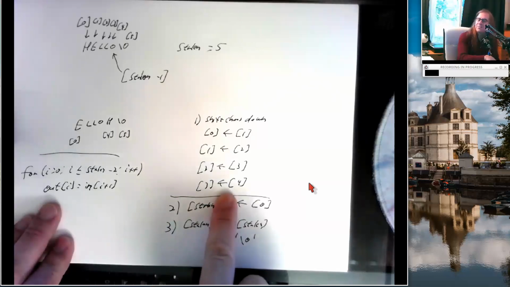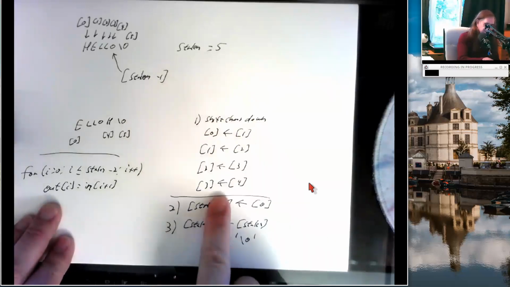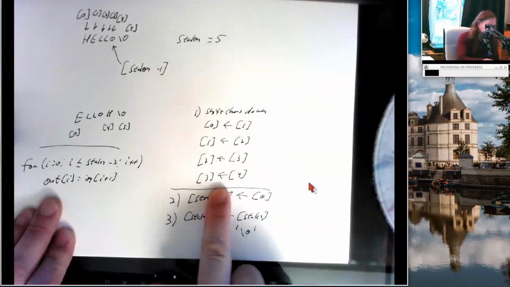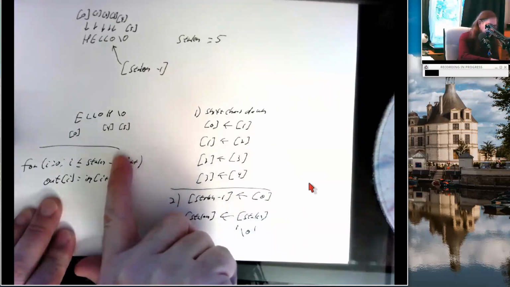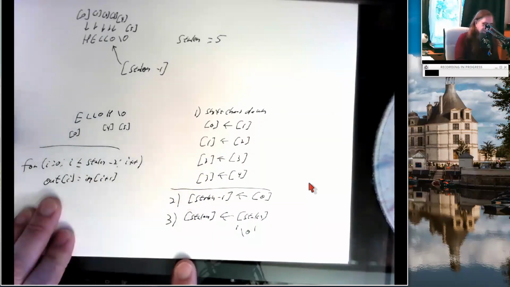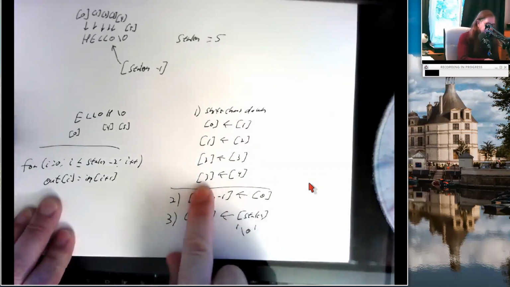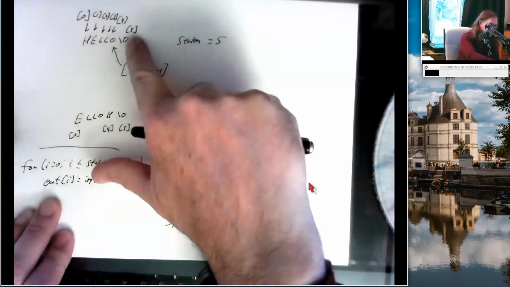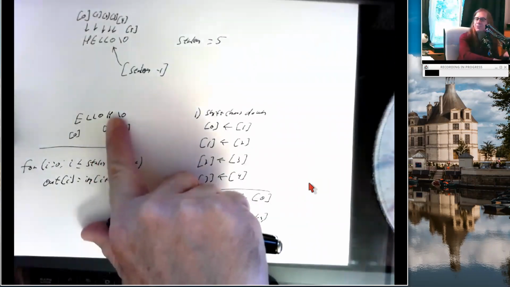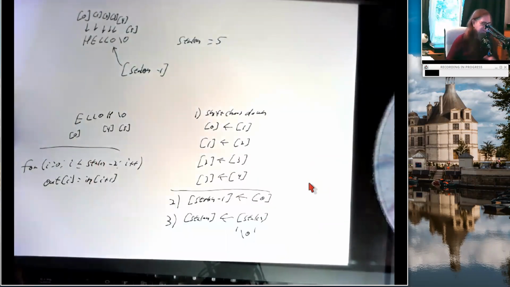That is the last copy that we want to have happen in this shift section of our code. Now, if I go up to string length minus 1, or if I just say less than string length, I would also copy from 5 to 4, which would copy this null terminator into this position. That doesn't do any harm. It's just going to get overwritten eventually. But that would still work.